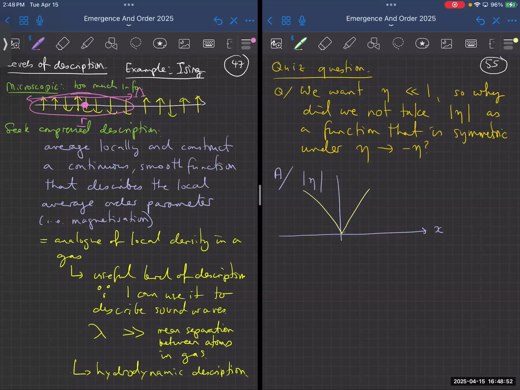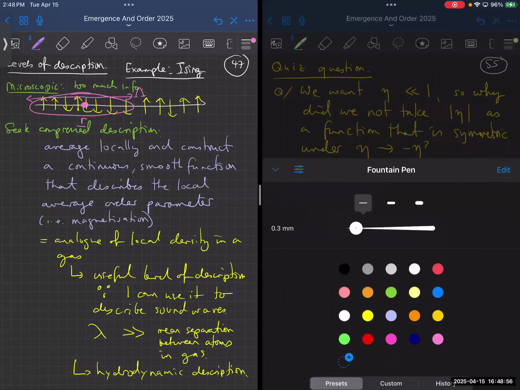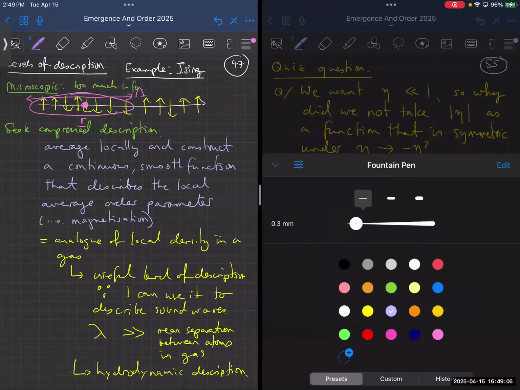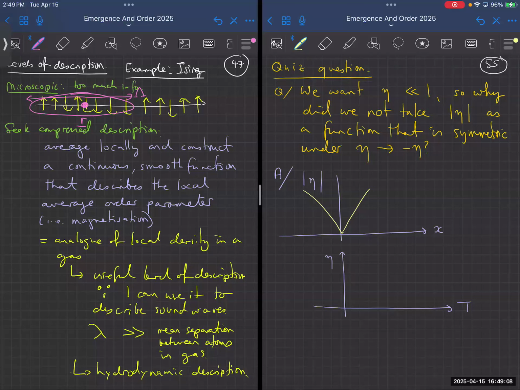Not particularly. Remember that for phase transition behavior, say as a function of temperature, what we expect is that this thing is going to do this. So it's certainly got some weird behavior around here.